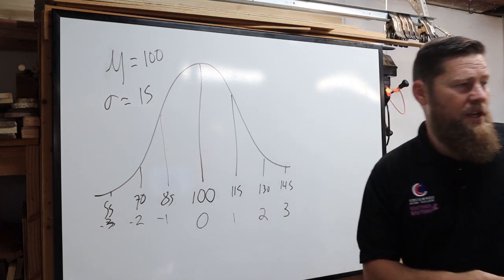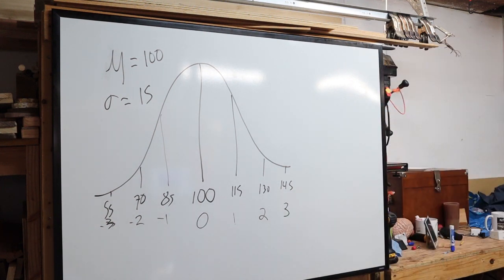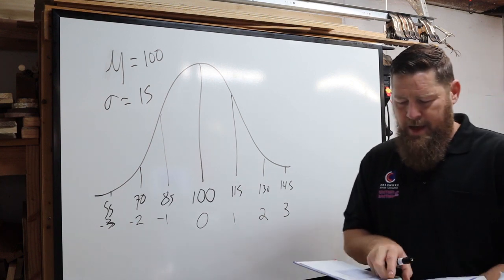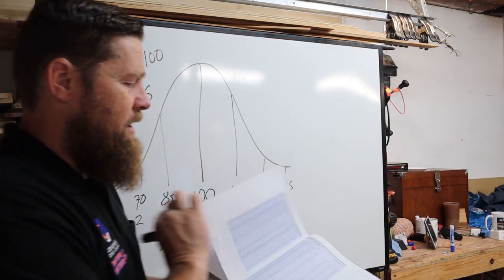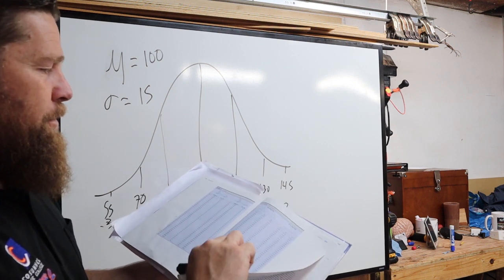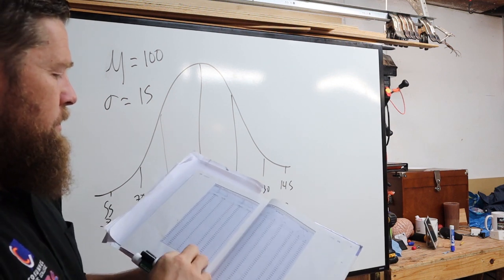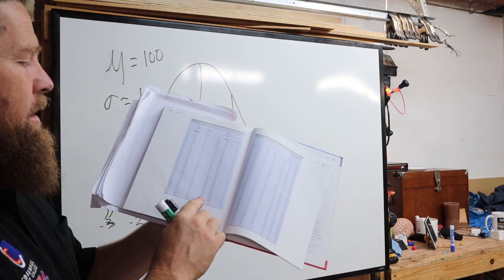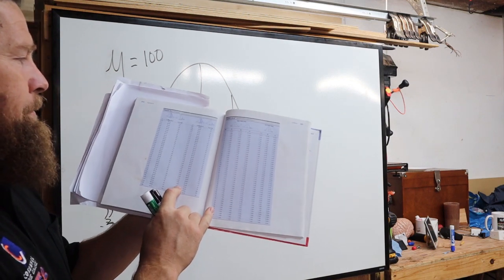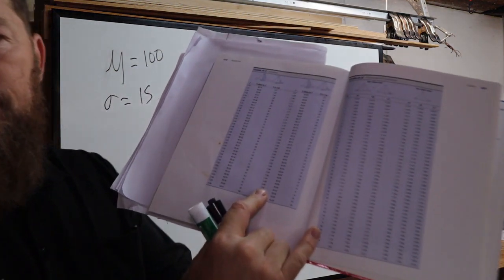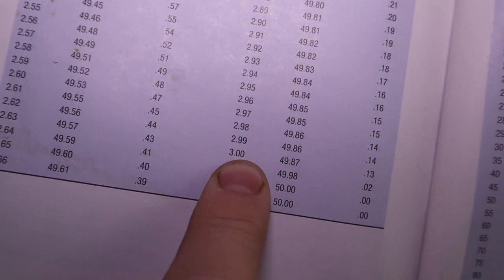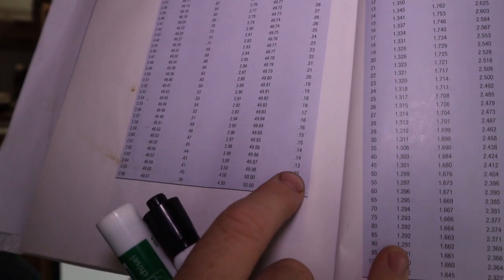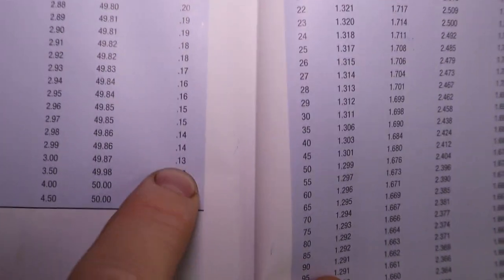So, what percentage of people score greater than that? We're going to turn to the back of our books, and I'm going to find a z-score of 3. So here's the z-score of 3 right here. It says a z-score of 3 has 0.13.